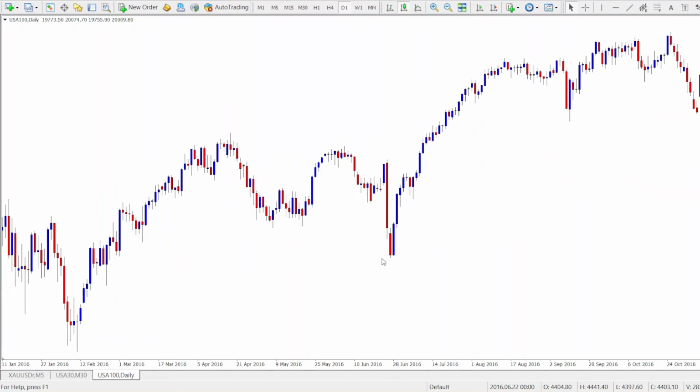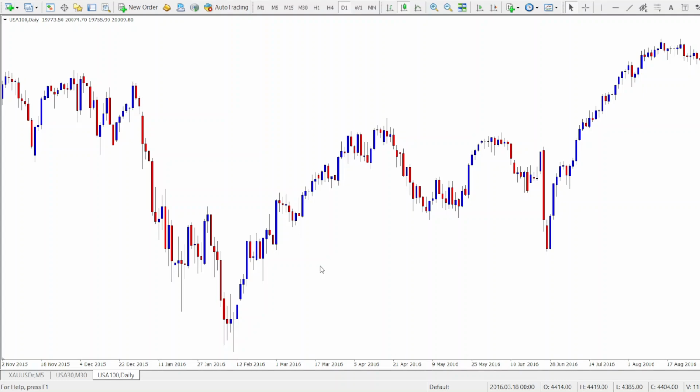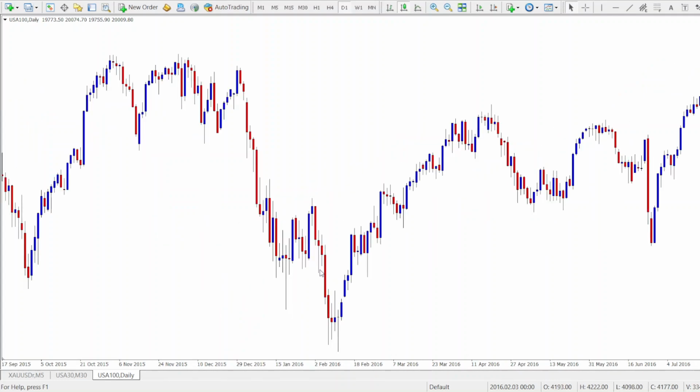I'm just trying to look if I would see a hammer candlestick pattern at the end of a bearish trend. All right, look at a hammer candlestick pattern here. We can see that this is a bearish trend. See another hammer candlestick pattern here, although this is more like a dragonfly doji.